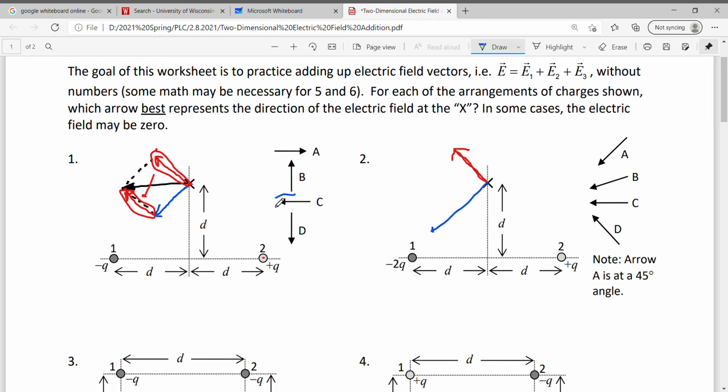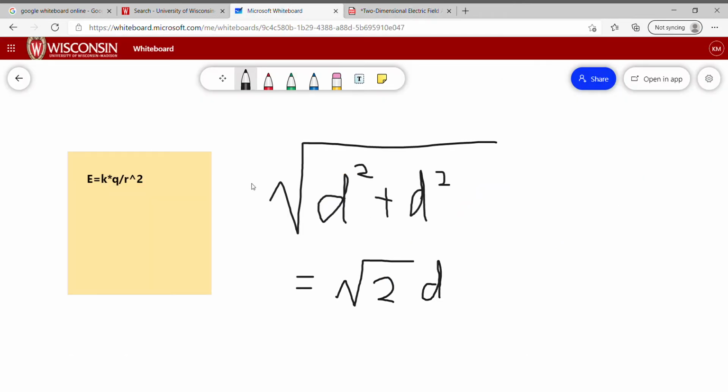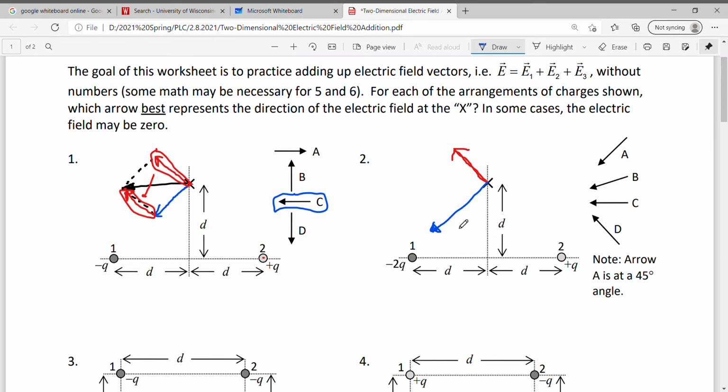Oh, by the way, in the first problem we should choose C, the black arrow in the middle. And here, because it's no longer minus 1q, now it's minus 2q. If you see this formula, E equals k times q over r squared, so if we change this q to 2q, then we double the length of this blue vector.